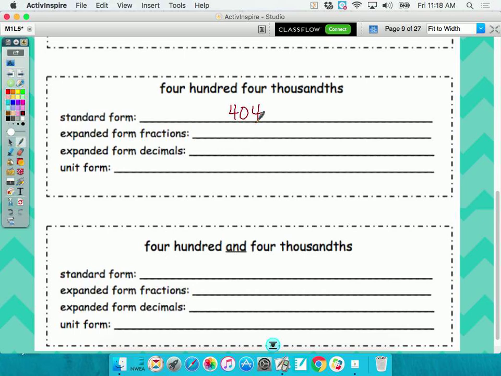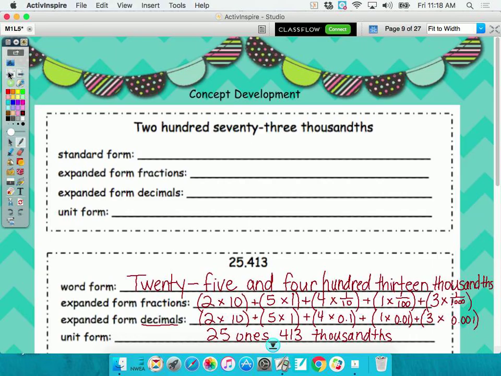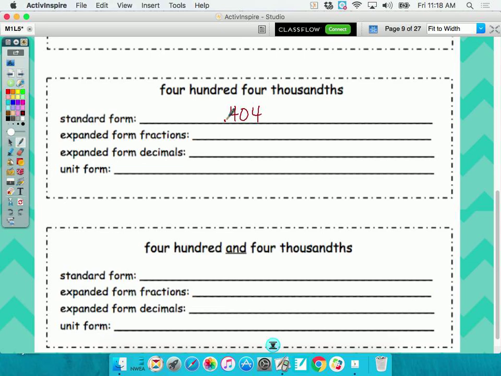A zero. Let's put it on the place value chart and double check. I'm just going to draw a line. 404, so the last 4 is in the thousandths place. Were they right when they said a 0 and a decimal? Yes. So 404 thousandths in standard form is written like that.